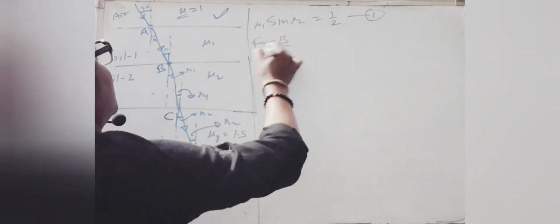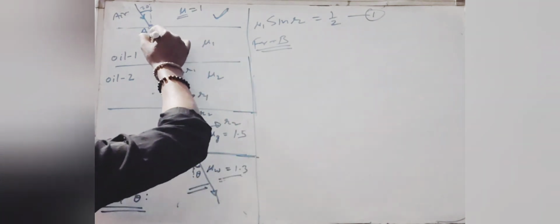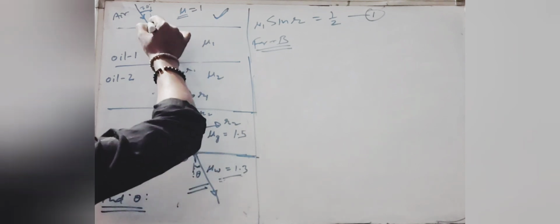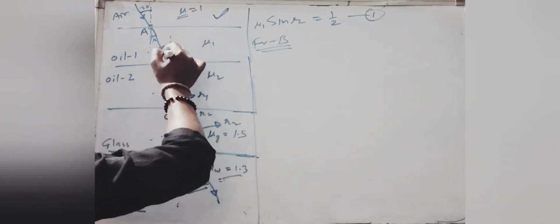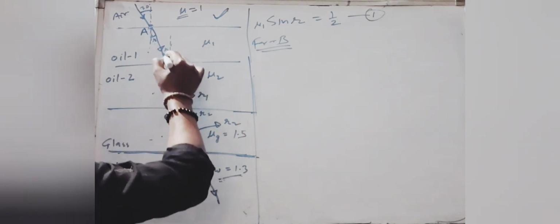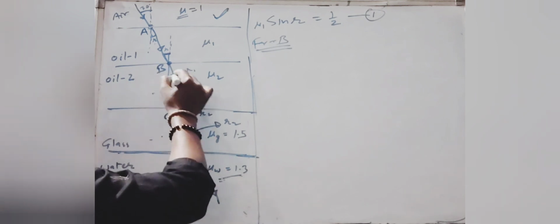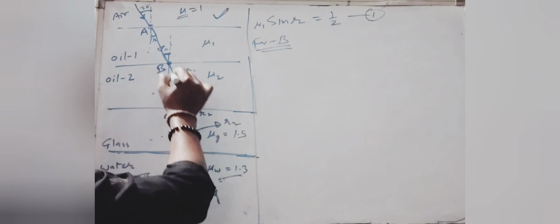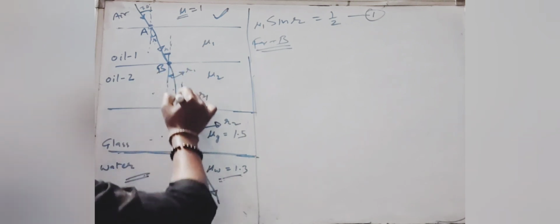Now for B, what can you write? Since I have considered this is r, and since this line is parallel to this line, both being perpendicular, this is an alternate interior angle. So this is r, this is also r. Similarly here, I considered this is r1, so this must also be r1 because of the alternate interior angle.